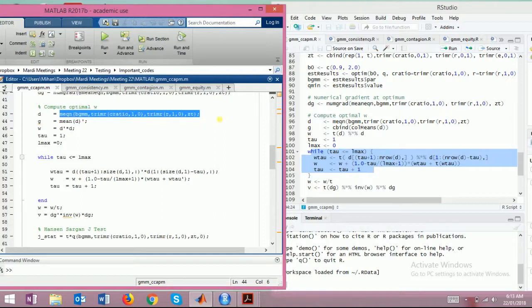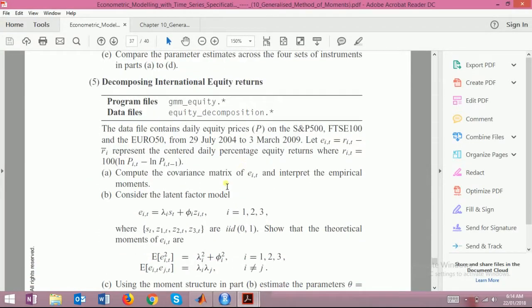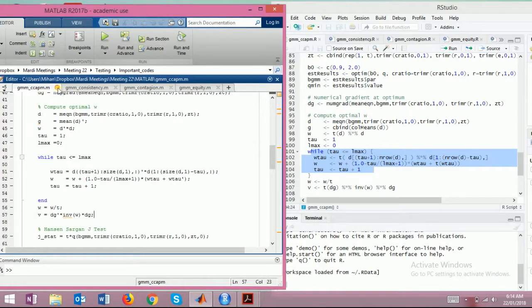So we are accessing D, and we are taking tau plus 1 to size for all the columns, then accessing D again, from 1 up until, this time to match the dimension, size D1 minus tau, because here we skipped 1, so we remove 1 for all rows, and then omega is 1 minus tau by L max plus 1, W tau. I'm not sure where this equation is coming from, so just remember that. Let's move on to the next problem. Instead of hovering around here, decomposing international equity returns, or GMM equity.